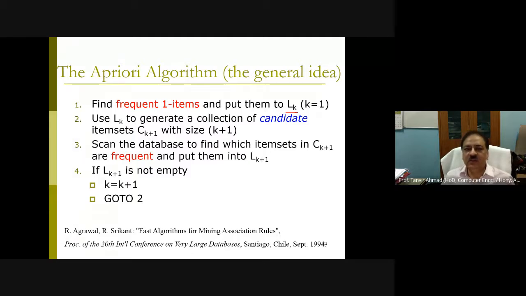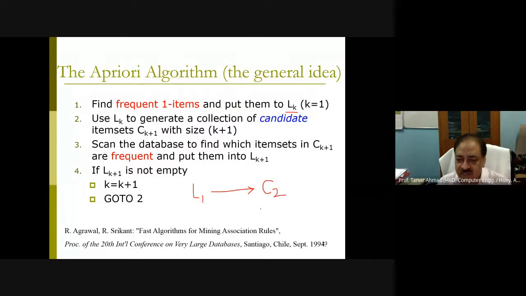Then these item sets are the ones which are frequent. Now use L of k to generate a candidate item set C of k plus 1. Now using L1, I generate C2.